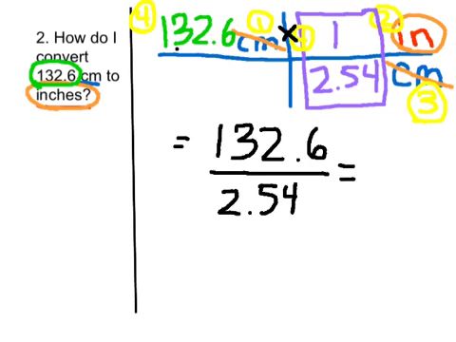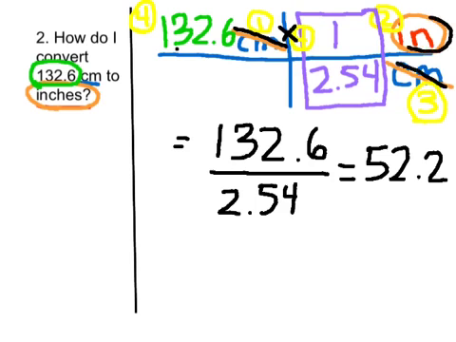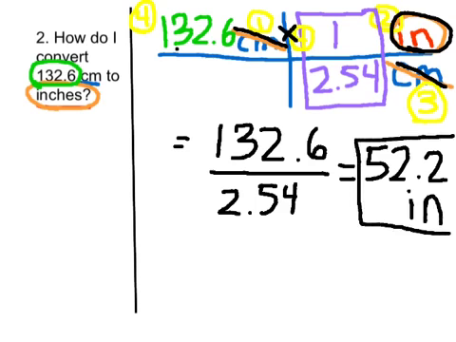And when we do that math in our calculator, we'll get 52.2. Now, again, our centimeters are going to cancel, so what we're left with is our new unit, inches. Remember, like I told you last time, we have to have a unit with our number. The measurement means nothing without the unit.